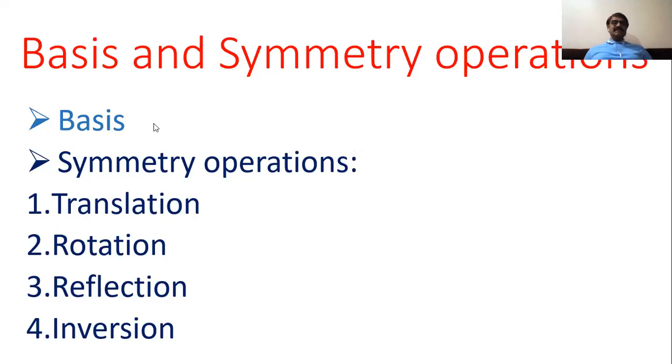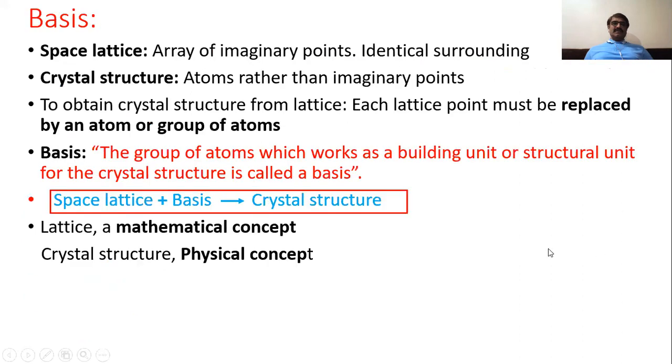So, basis and four symmetry operations: translation, rotation, reflection, and inversion. So, this will be today's topic. Okay, so first of all, we will see what is meant by a basis.